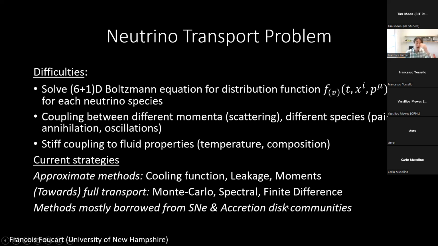But it is, at least in the methods currently implemented in merger simulations, not capable of easily predicting if a neutrino is emitted at one point and then reabsorbed at another point, which is very important for the evolution of the composition of the outflows. There are ways to actually include reabsorption in leakage schemes, but it typically depends on knowing the geometry of the system and has not been done so far in merger simulations in GR.